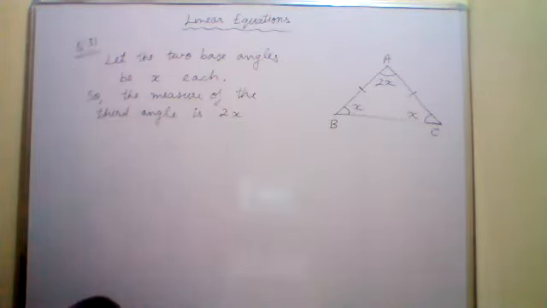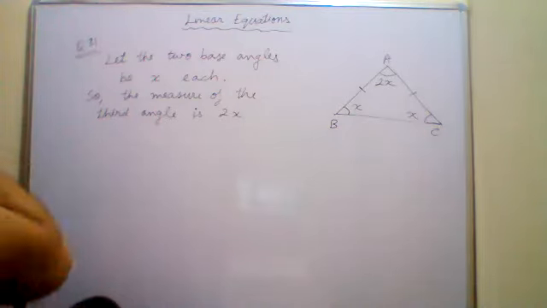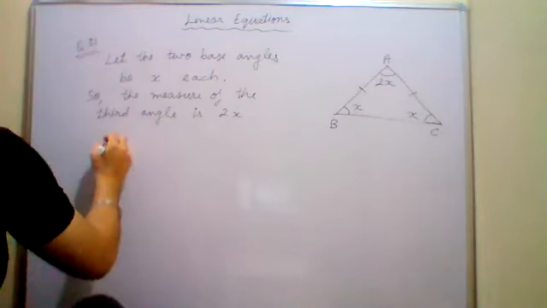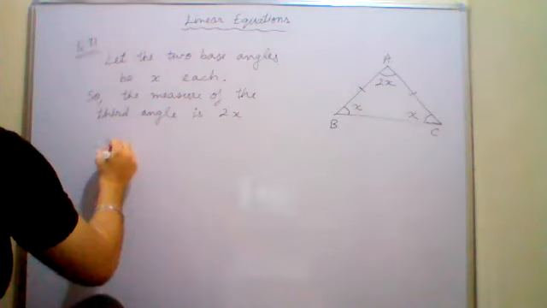The sum of all the three angles is always equal to 180 degrees. The sum remains the same. So this is known as the angle sum property of a triangle. I'm writing it here, the property.